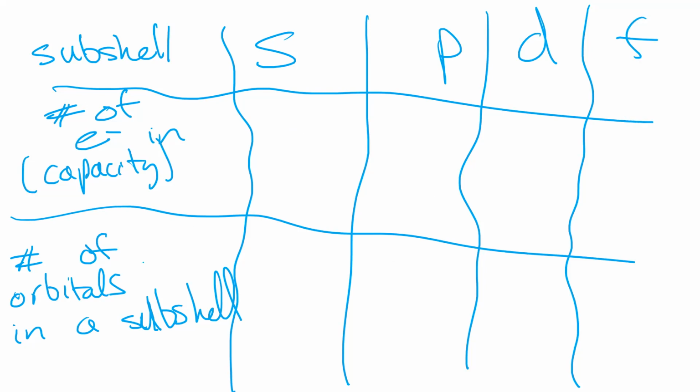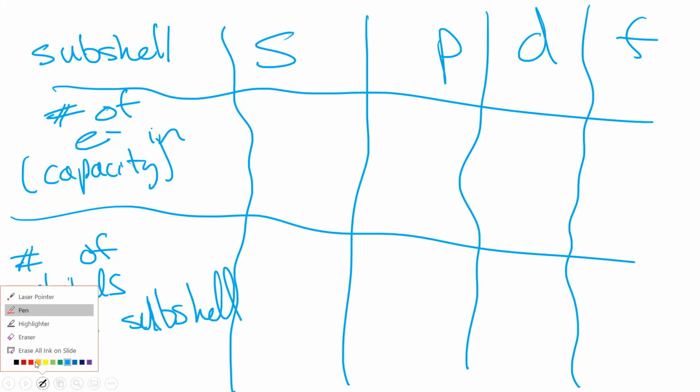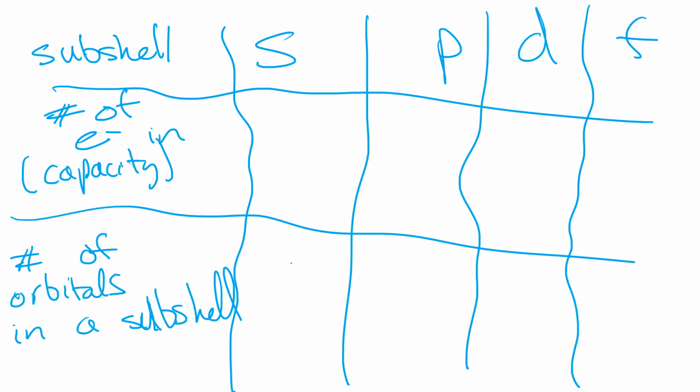Okay. Let's start by saying for an S, the number of orbitals within an S subshell is 1 orbital. That means there's only going to be 2 electrons total in that subshell, because there's only 1 house on that S street.